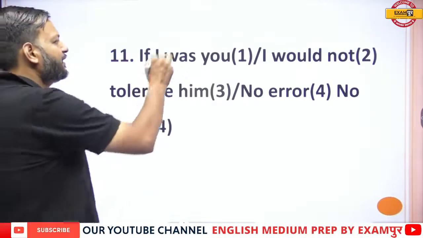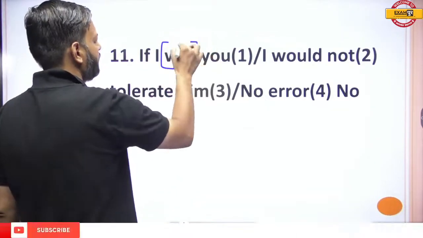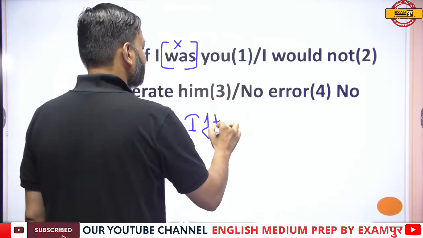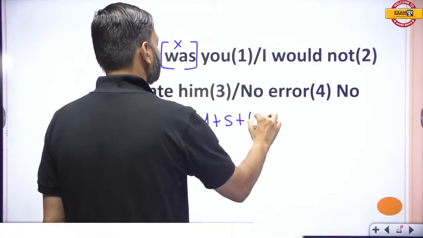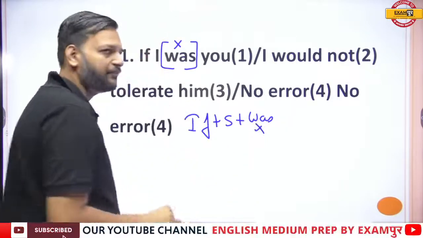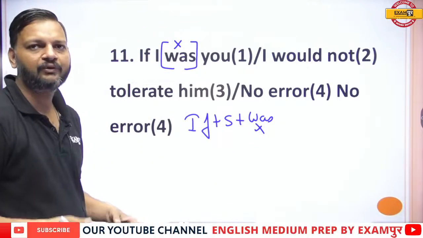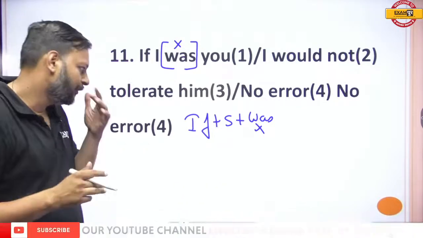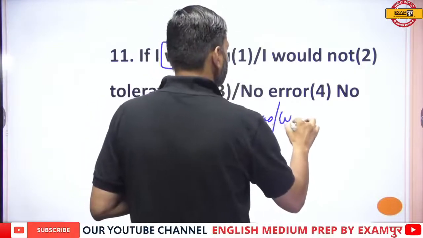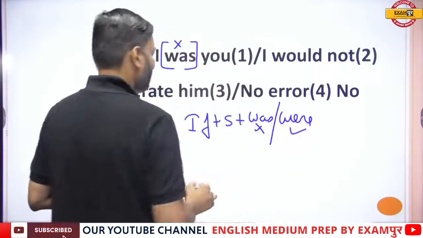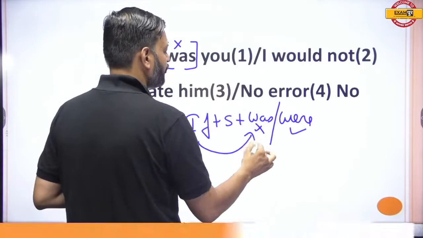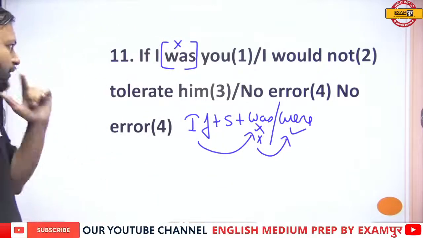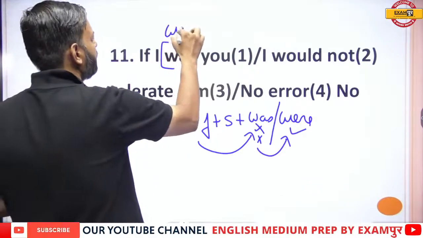Here the error is in the word was, because in an if clause we can never use was. Whatever the subject may be, whether it is I or you or he or she or they, with every subject you have to use were. So here was is wrong, we have to use were.